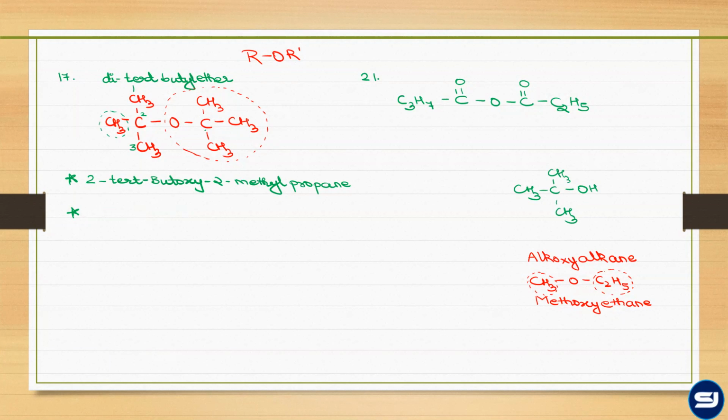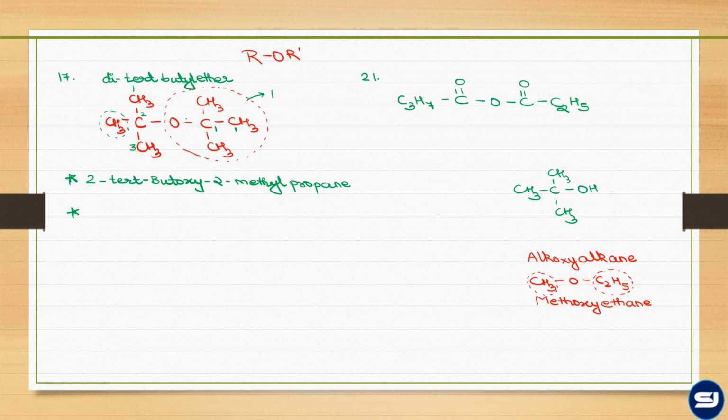Two carbon. 2 कार्बन. और अगर यहाँ पर ऑक्सीजन के रिस्पेक्ट से आप नंबरिंग करो तो व्हाट वुड बी द नेम? 1,1 dimethyl ethyl. Not ethyl. You have just named tert butyl.